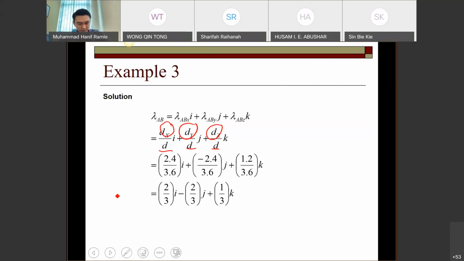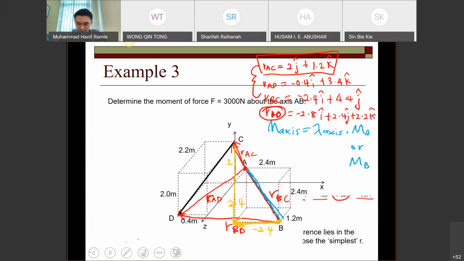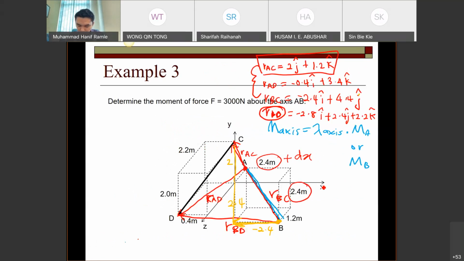From this case, we have dx. Dx is this one, positive dx. And dy, we have this one. And dz, we have this one. This dy should be negative, right?